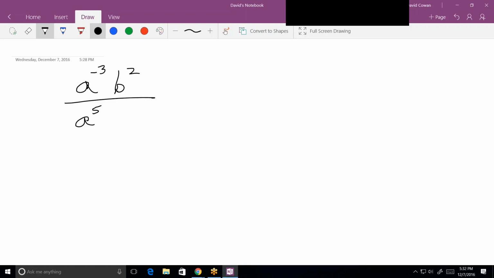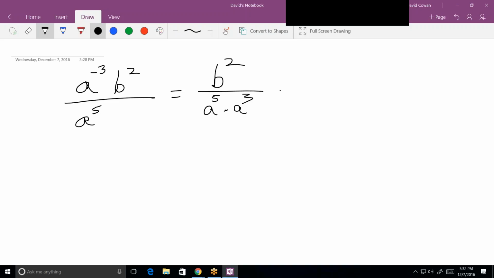In other words, I'm going to leave my b squared up there, and I'm going to take the a cubed and put it down there with a positive exponent. And had it been on the other side of the fraction bar, I could have done exactly the same thing, moved it to the numerator and changed the sign on the exponent.